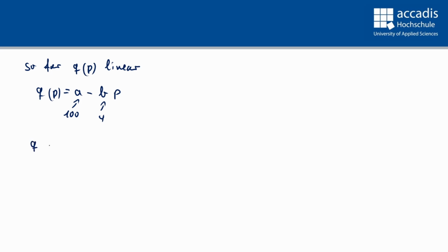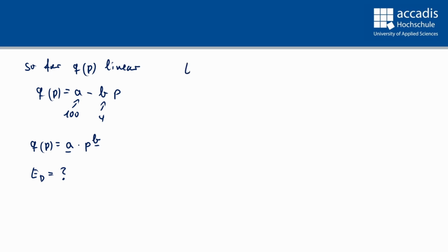We could just as easily say our demand curve is now A times P to the power of B. Just another form, and we need to find values for A and B. What we want to find out first, though, is what's going to be the elasticity of demand in this function.